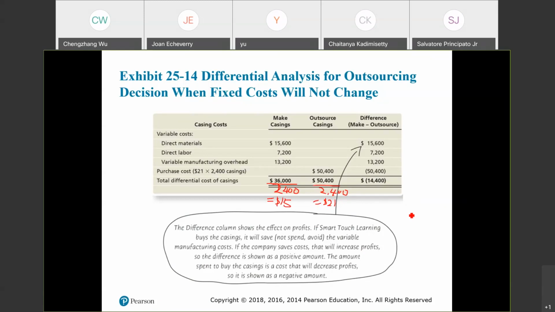So based on variable cost, the lower cost alternative is to manufacture the casings in-house. But the managers must consider another factor, that is fixed cost.